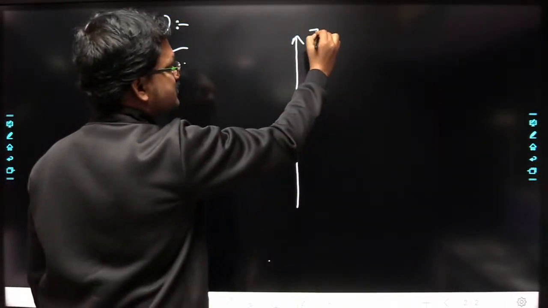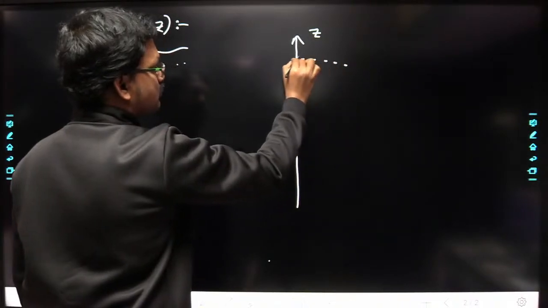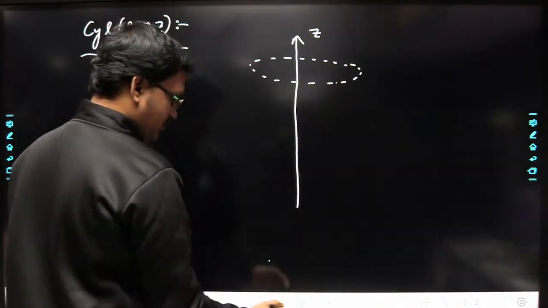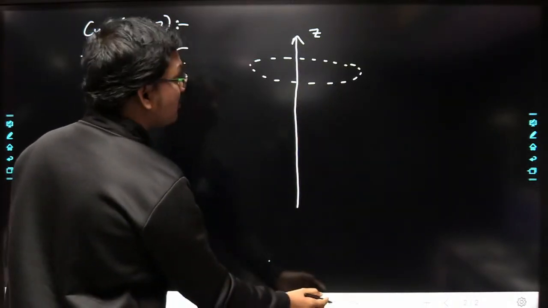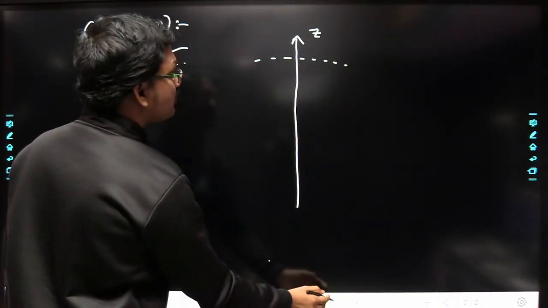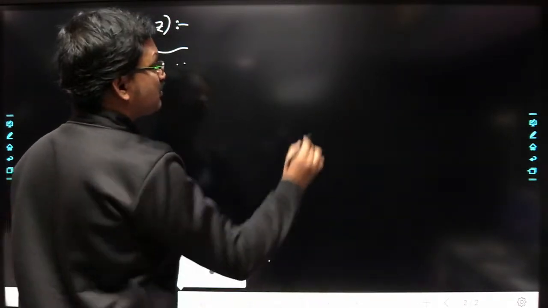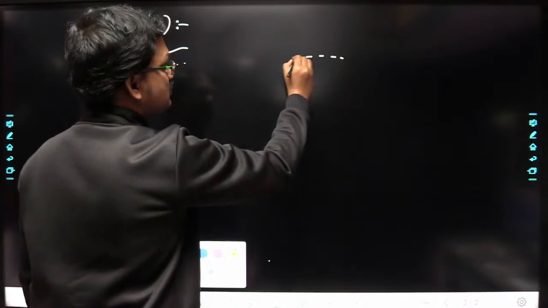This is the z axis. These are the circular rings.